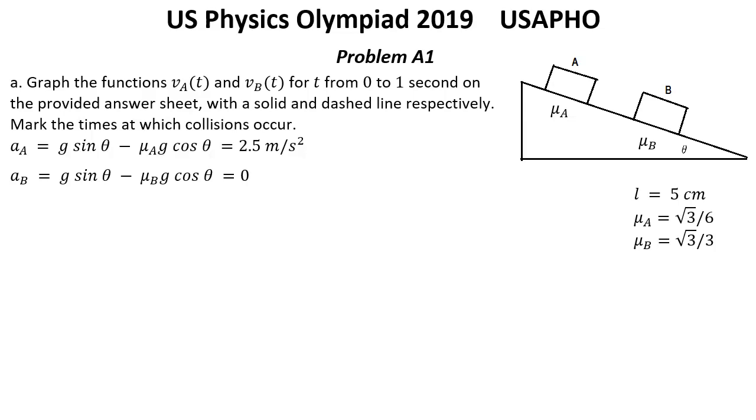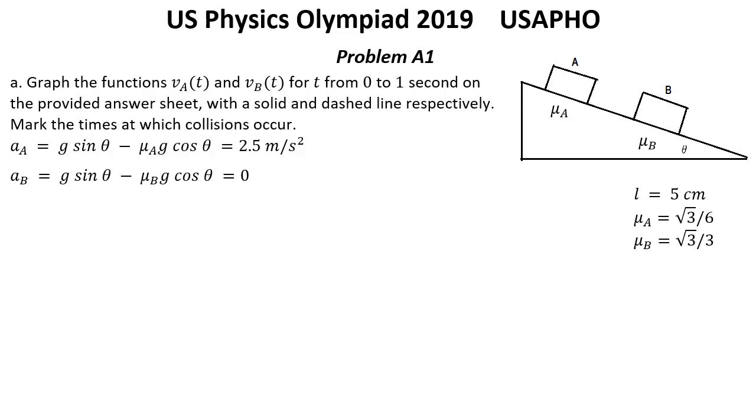Let's first look at the qualitative picture of the collisions. When block A slides down before colliding with B, it moves with acceleration, and block B is not moving at all.